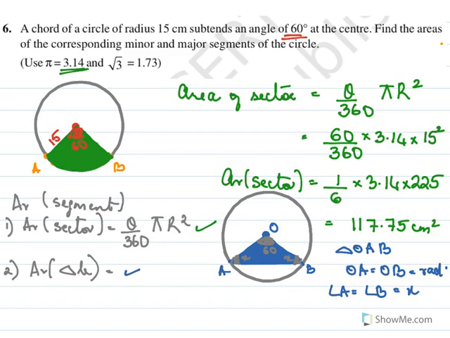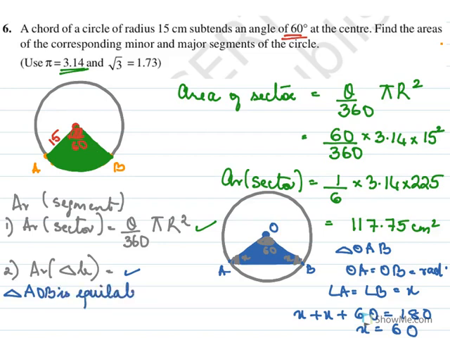Now we use angle sum property. That means X plus X plus 60 equal to 180, and your X comes as 60. Therefore, triangle AOB is equilateral because all the angles are 60.